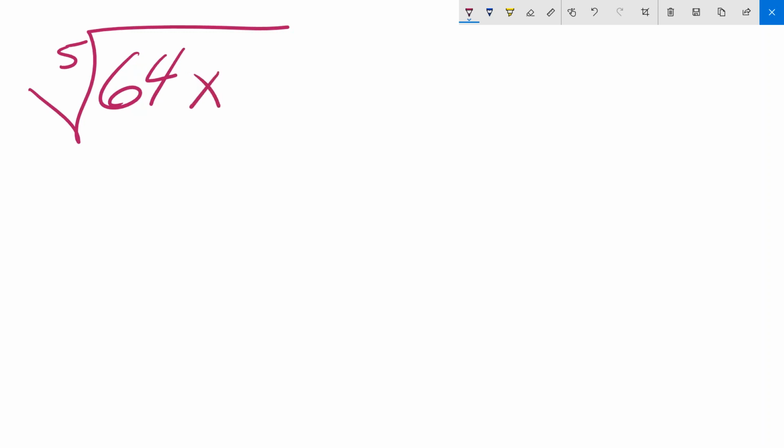The 5th root of 64x to the 6th. Again, we want to think factoring. Something goes there.